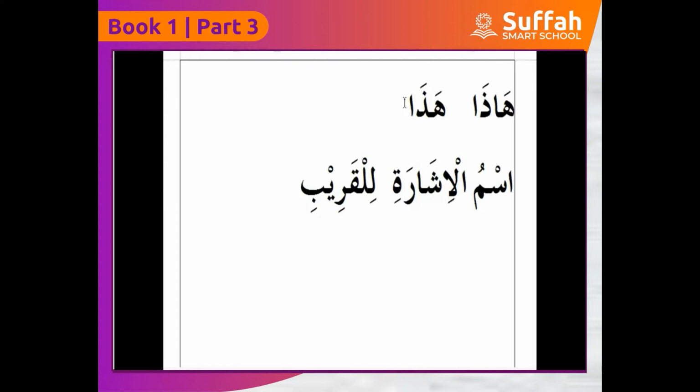So Lil Qarib means for the things which are near. And for the things which are far, we will not say Hada. It will be said only for those things which are near, as we do with this in English. This is used for the things which are near you. You say, this is a book. Similarly, Ismul Ishara Hada will be used for the things which are near.